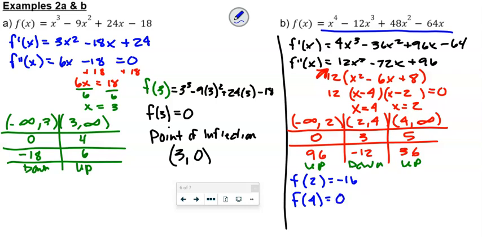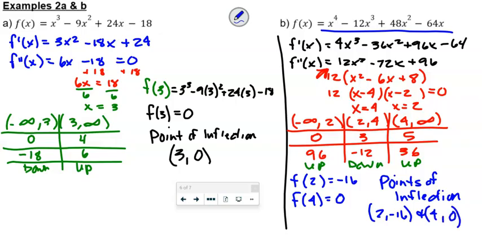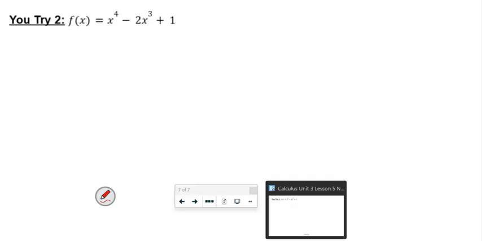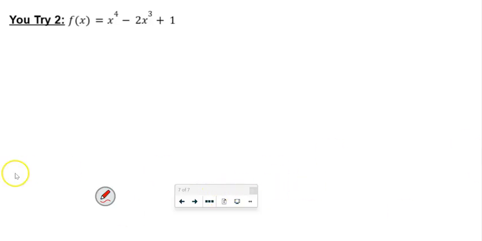So that means we have 2 points of inflection. Our points of inflection this time, there are 2 of them, are going to be 2 comma negative 16 and 4 comma 0. So go ahead and do this next one and come back to me when you're done.